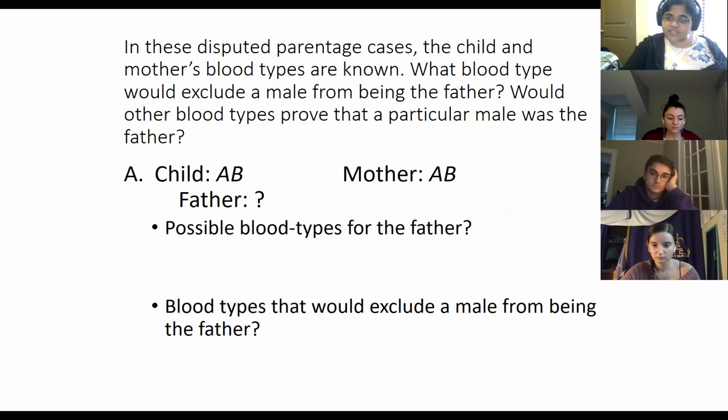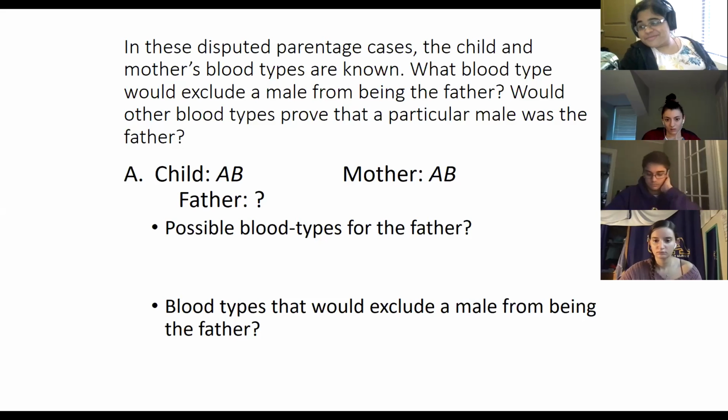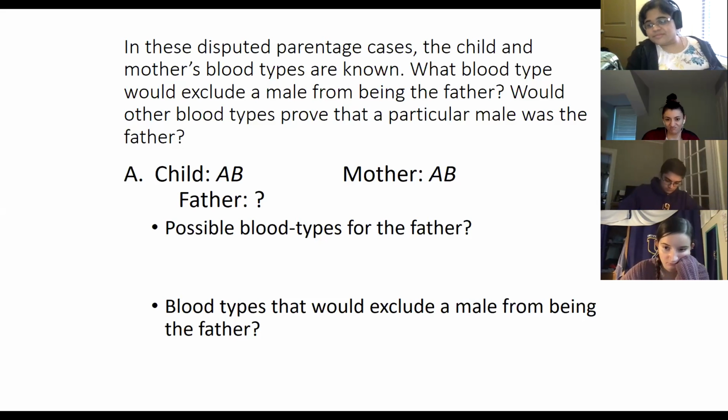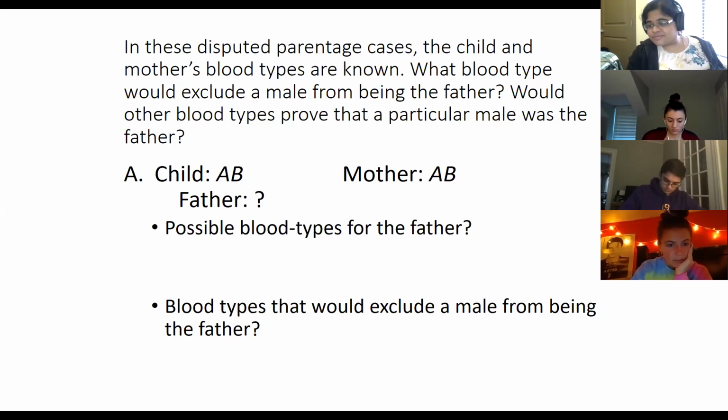So we have a child that is AB and a mother who is AB. What are possible blood types for the father? Could he be type A or type B?